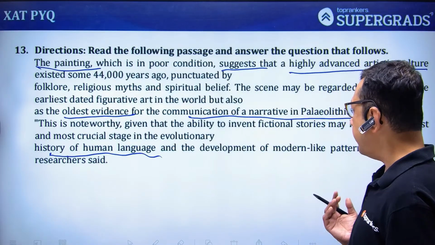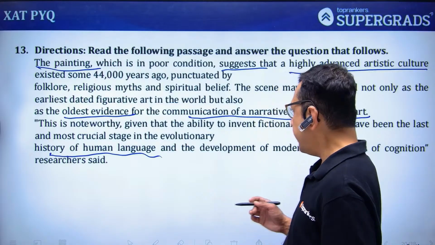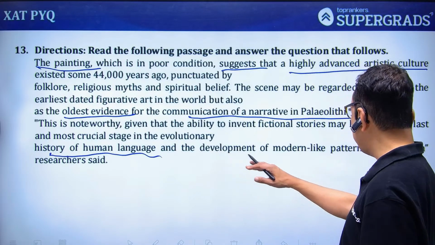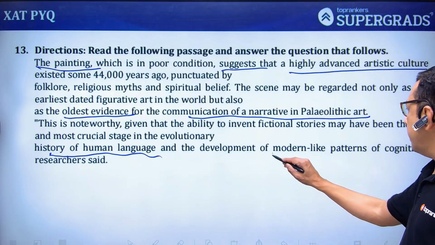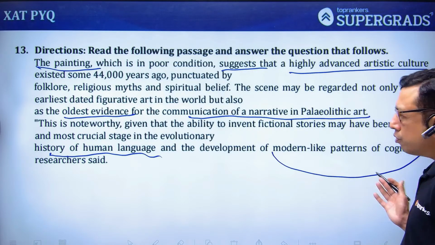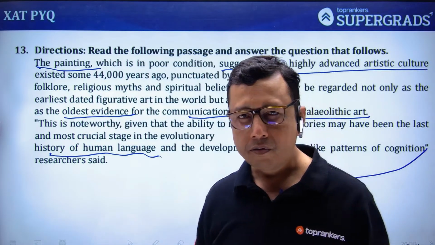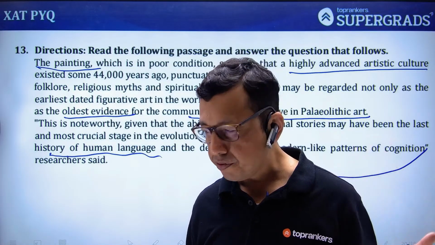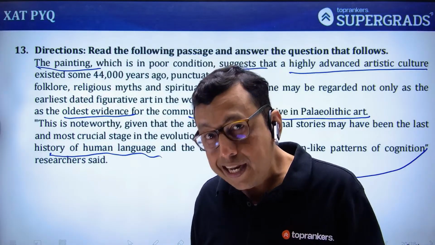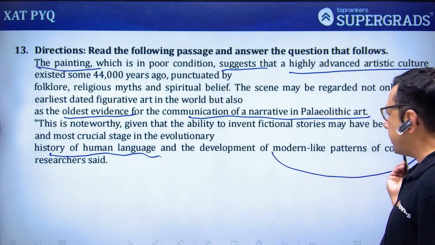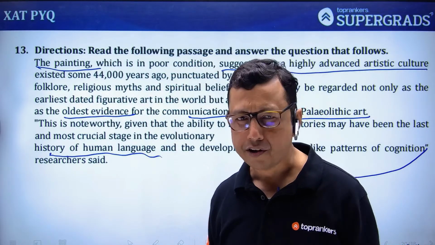So what does it finally indicate, in the history of language and the development of modern-like patterns of cognition? Basically, what it's saying is that the ability to write stories, which was reflected by the paintings, suggests that the beginning of modern-like patterns of cognition was there in the Paleolithic era. That's the crux of the matter.